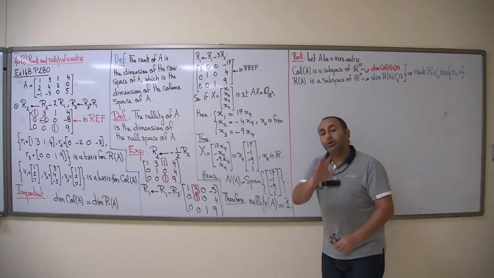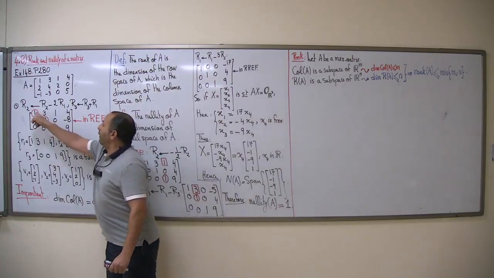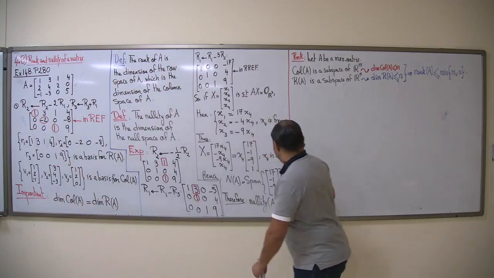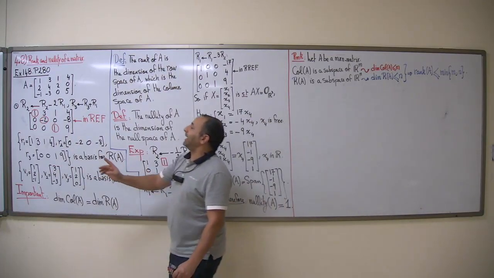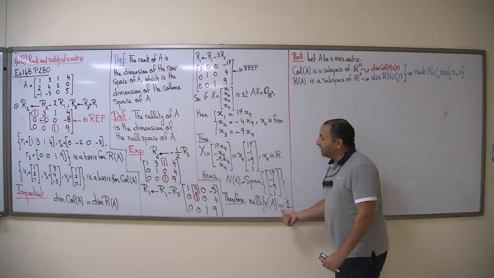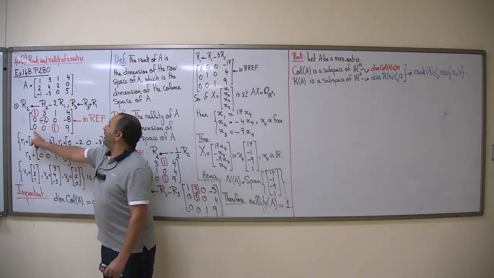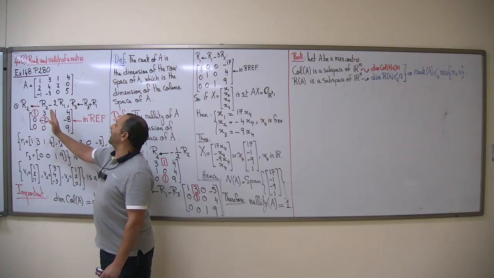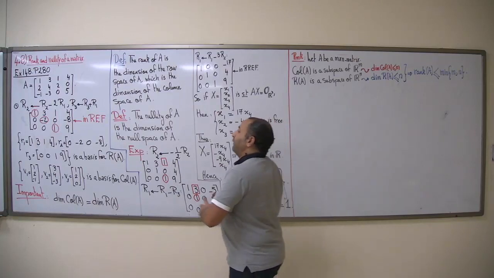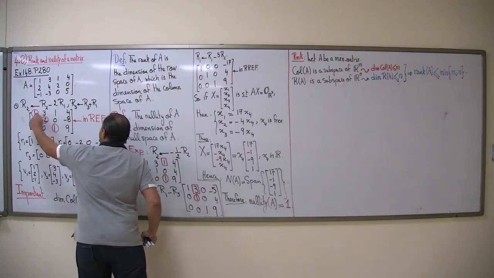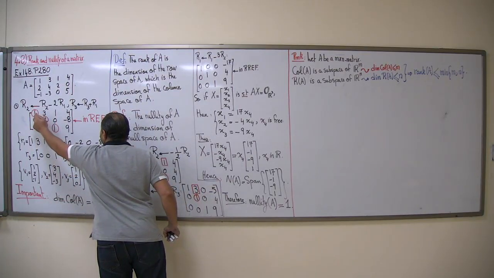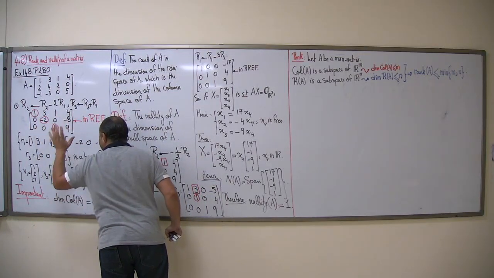Now if you sum the number of leading terms, that means pivots, plus the nullity, you get exactly the number of columns. I repeat, nullity plus the number of leading terms gives you exactly the number of columns of A. So in other words, the number of leading terms is exactly the rank.